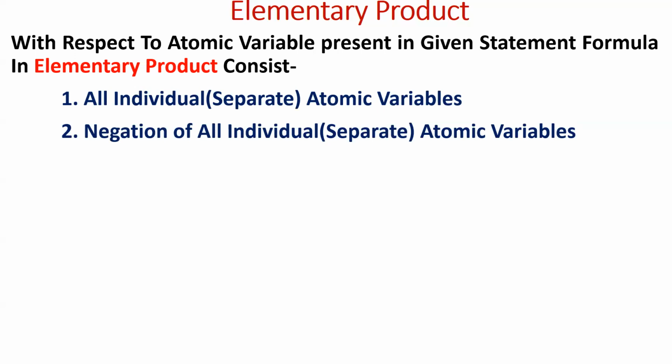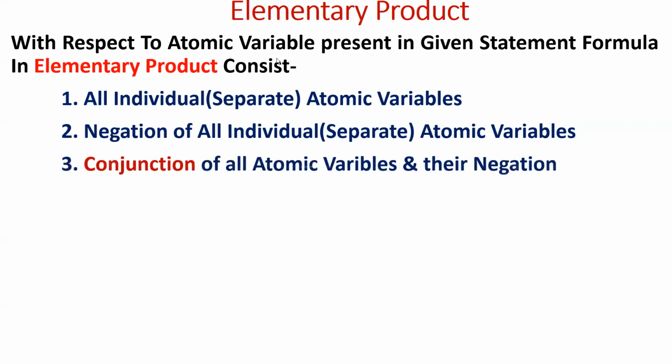And third rule, very important. In the first and second rules, we have taken all atomic variables separately and all their individual negations separately. Now by making a group of two atomic propositions, in between them we are using conjunction. So the third rule is conjunction of atomic variables and their negations.